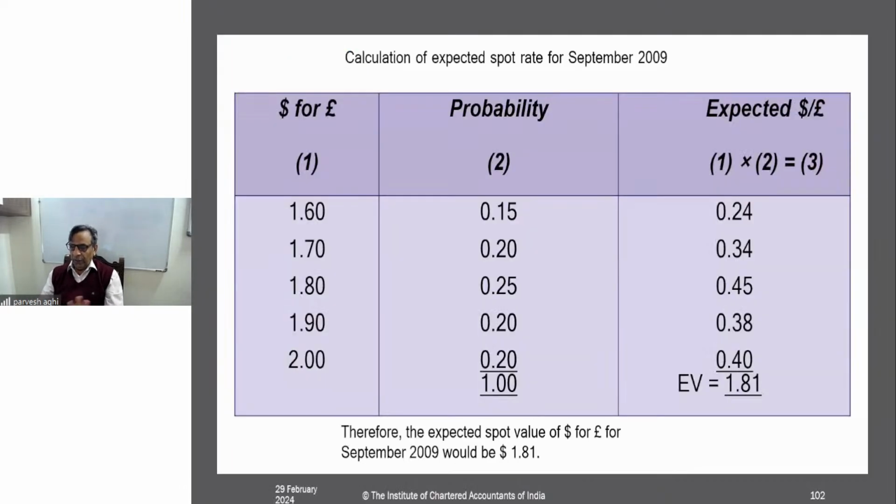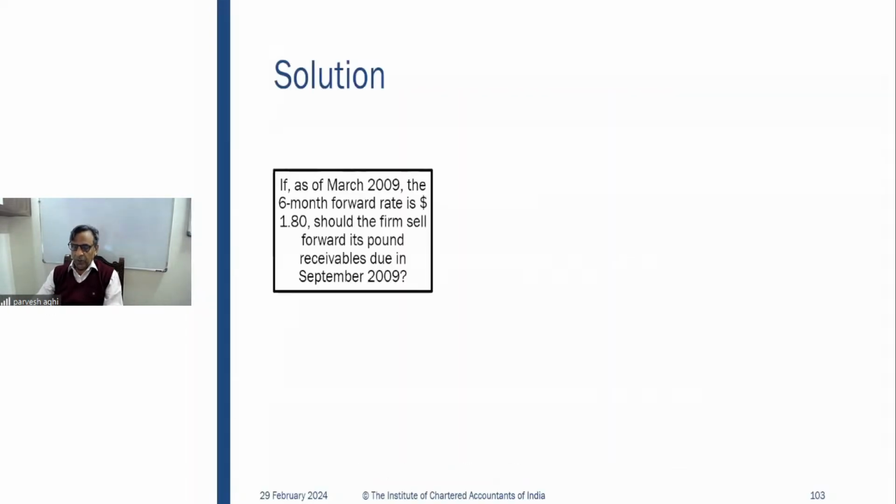Now let's say we arrive at the expected spot rate, and it will be 1.81. So $1 would be equal to so many pounds. Therefore, the expected spot rate is 1.81. Now, if as of 2009 the 6-month forward rate is 1.80, should the firm sell forward the pound receivable?